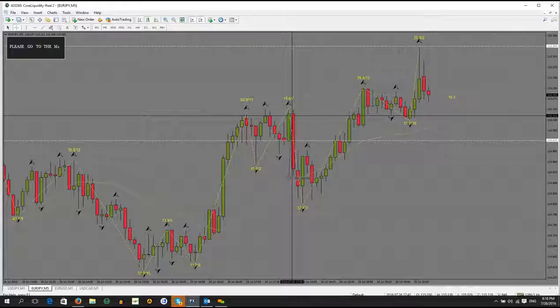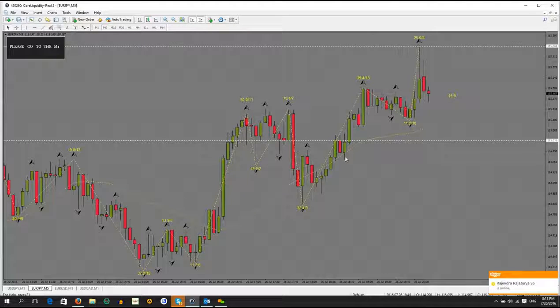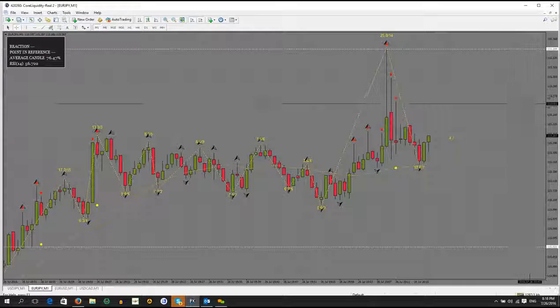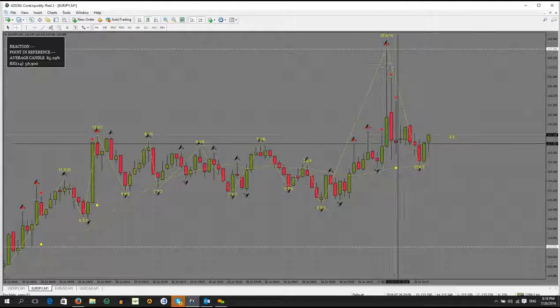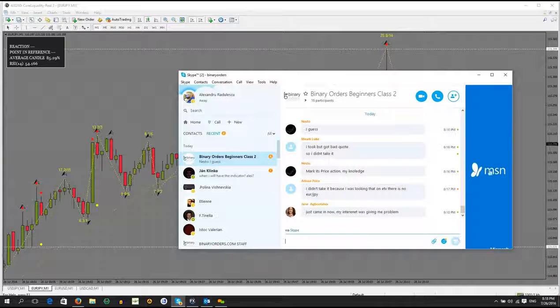We also want to find a level of support, and the best level of support I can find is where the price stays a lot of time and was touched many times. It needs a big candle to break that level. We also see the reaction on the 5-minute chart when the price touches that level of support. So we have that level of support, we have that level of resistance.